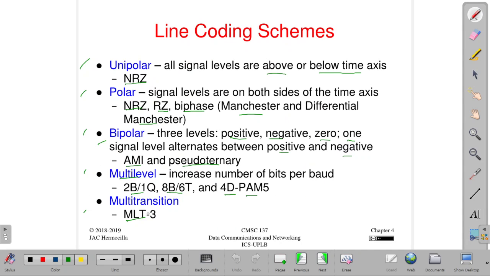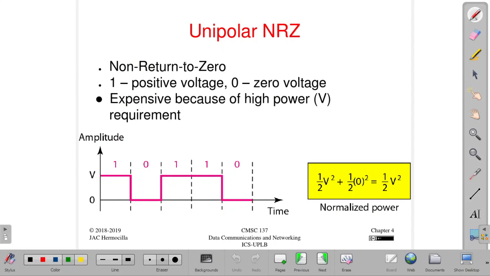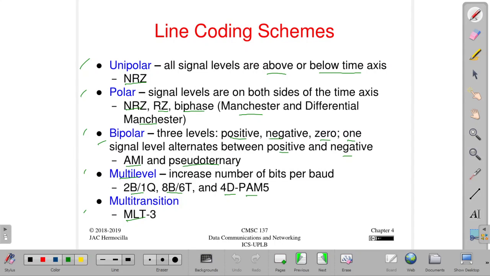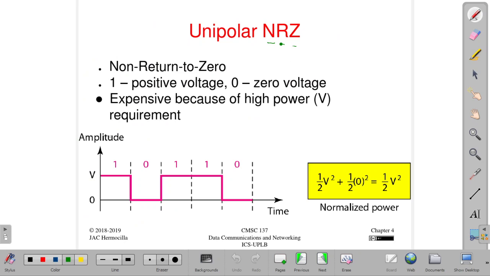So let's discuss each of these line coding schemes, and let's start with the unipolar non-return to zero. When you say unipolar, it's above or below the time axis. This is somehow the simplest encoding scheme.